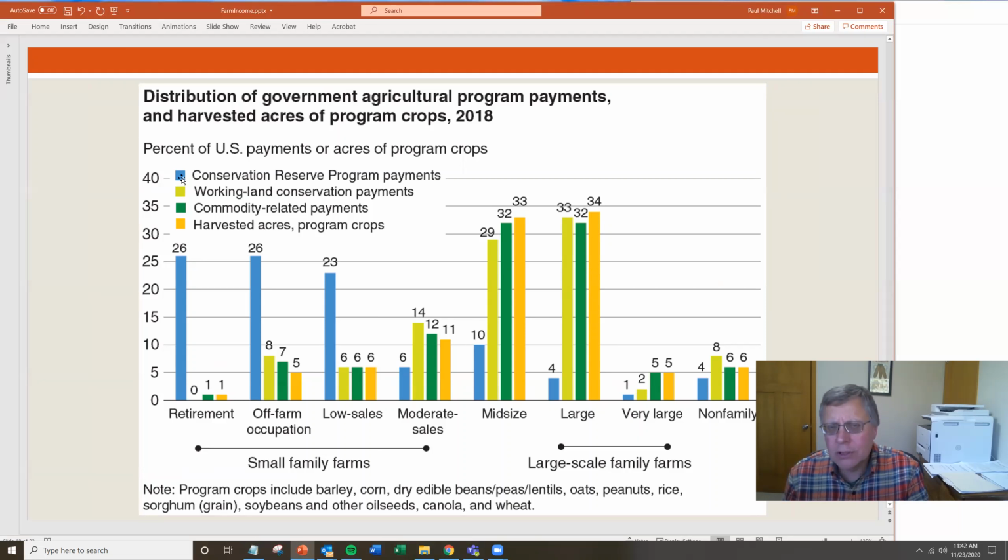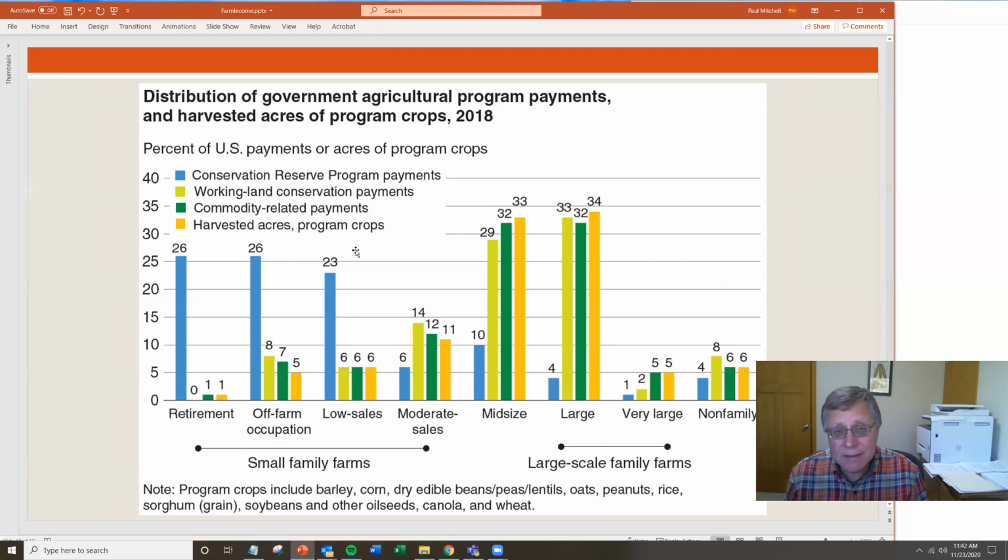You take it out of production and put it into things like grasses of various sorts, some sort of natural system, or potentially trees. You can see of those CRP dollars, about a quarter each go to the retired farmers, off-farm occupation farmers, and these low-sale farmers.